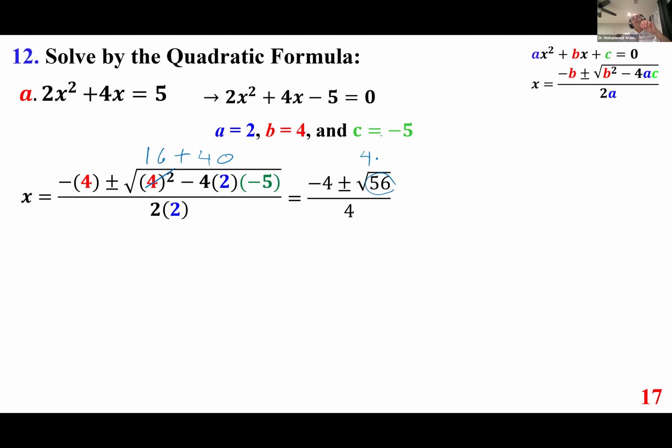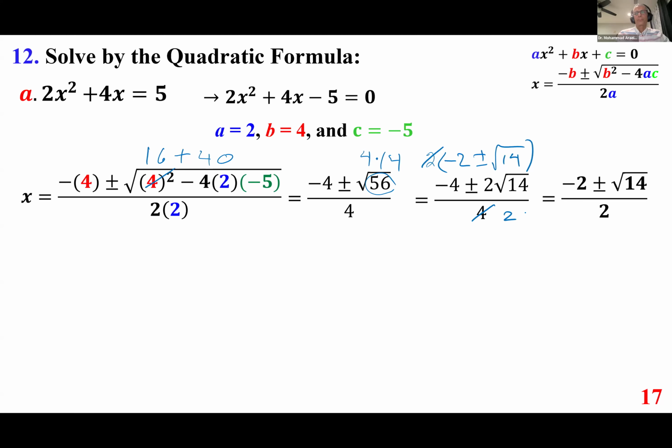And remember, you want to bring out a perfect square number if possible. 4 comes out as 2. Now, we factor the 2 out. This goes away, this changes to 2. And this is the answer.